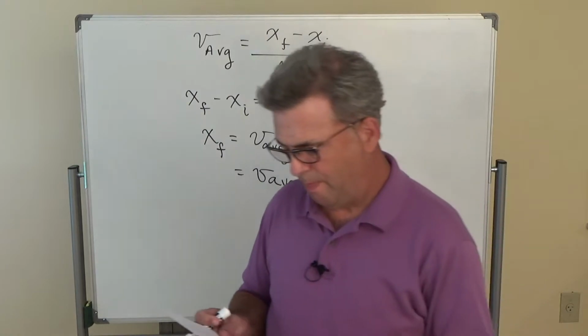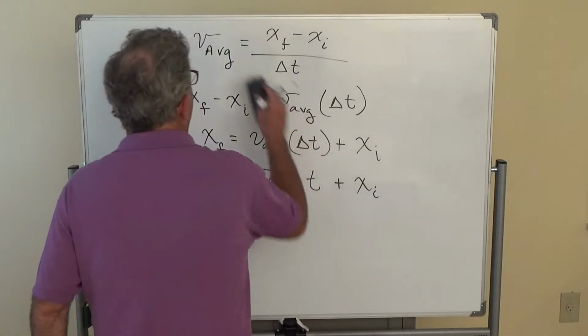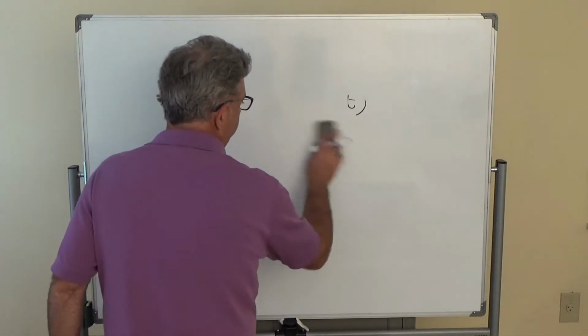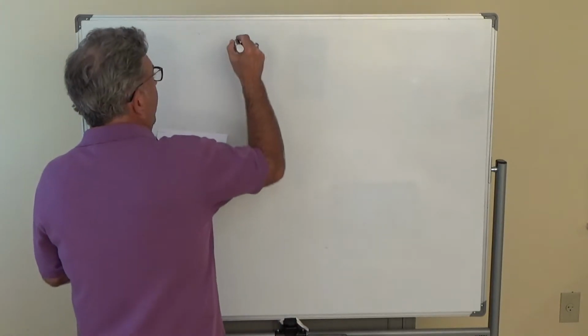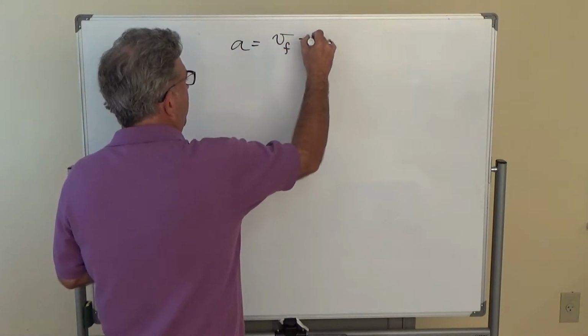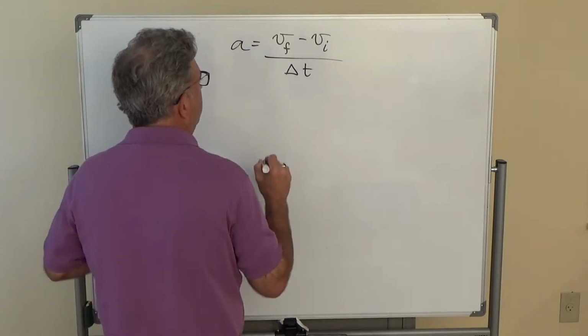All right. So for constant acceleration, which everything we do will be, we know that acceleration is v final minus v initial divided by delta t.